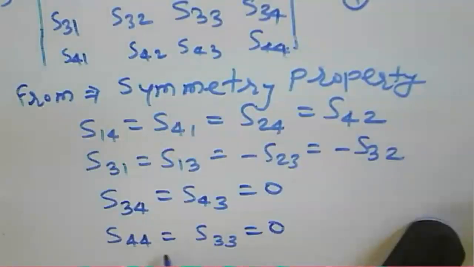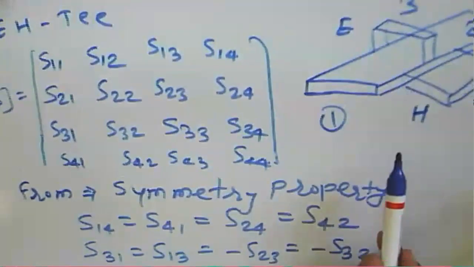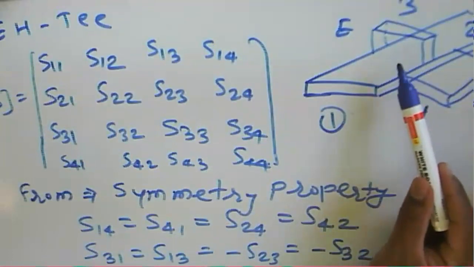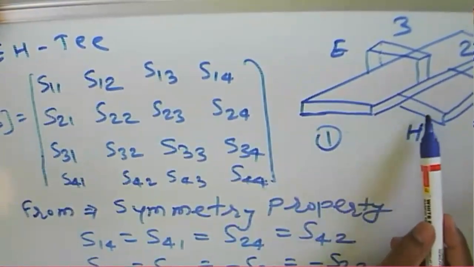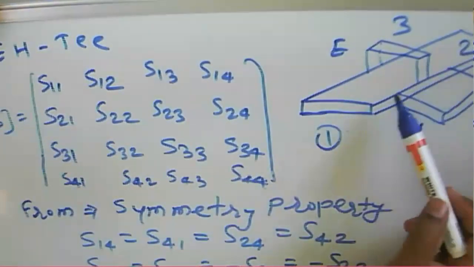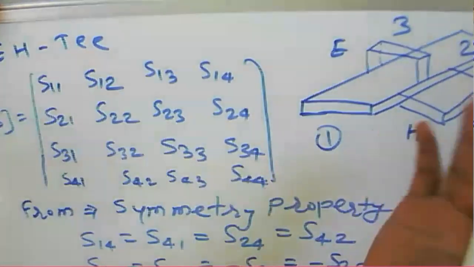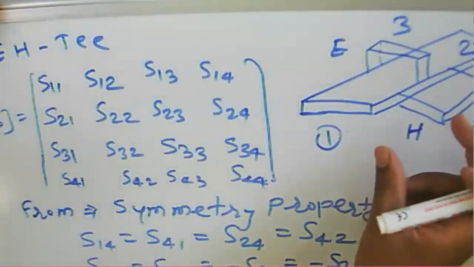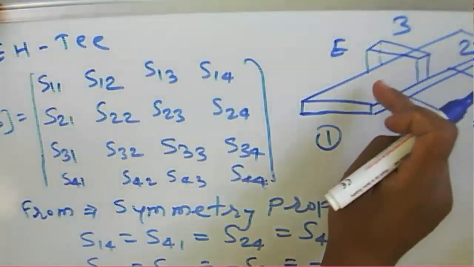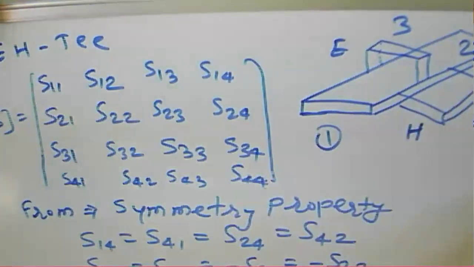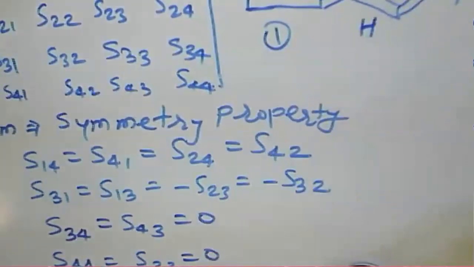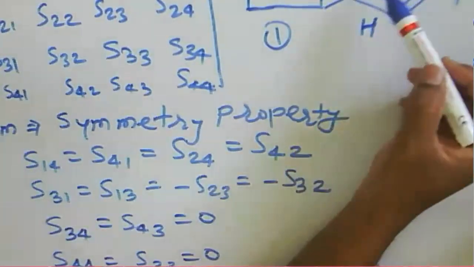Port 3 and port 4 are perfectly matched. Another thing is that port 3 and port 4 are perfectly isolated. Forget about the collinear arm, whose length is supposed to be different. In that case, port 1 and port 2 will not be isolated. So I just consider the isolation condition now.